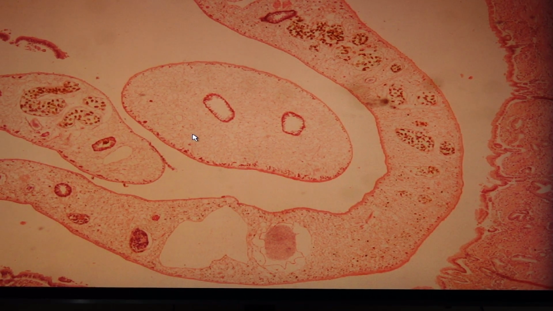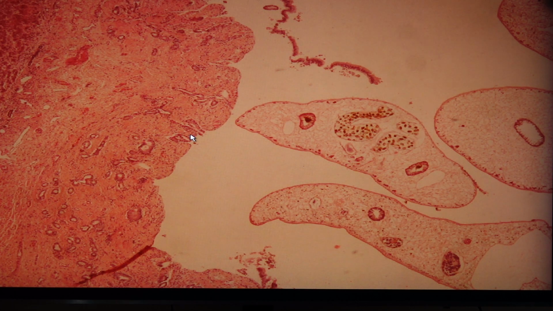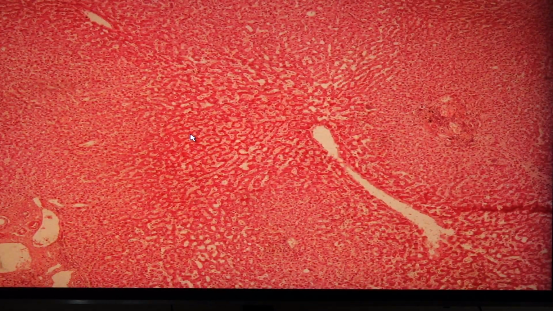Okay, so our first slide would be liver fluke. When you look at the slides, most of the slides we have are not like the previous slides, which means there's an absence of the nodules consistent with liver cirrhosis.